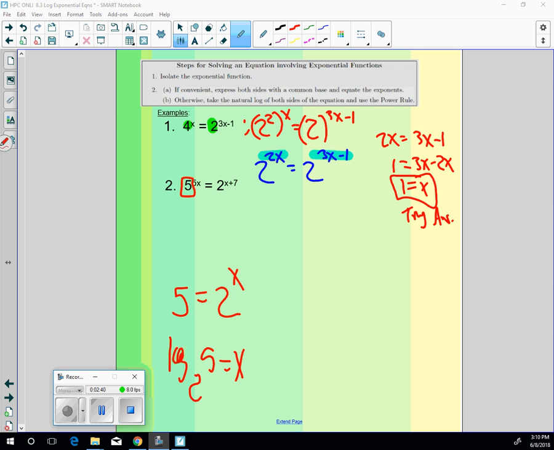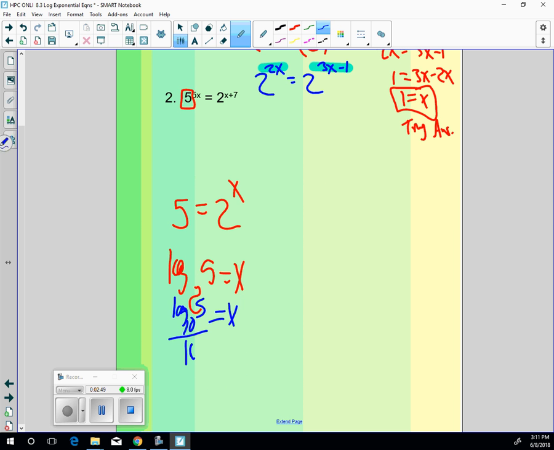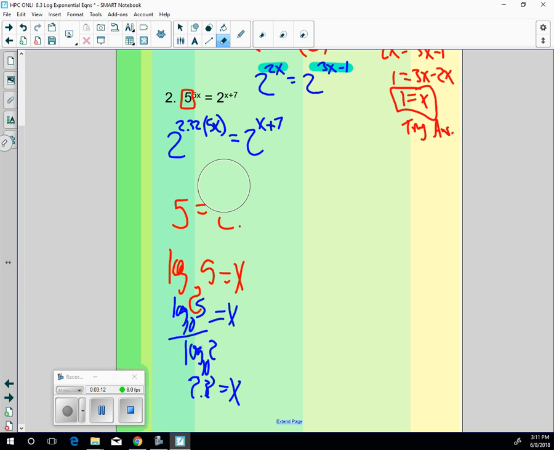I took x and set it equal to the log base 10 of 5 over the log base 10 of 2. I got 2.32. So if you look at 5, 5 is 2 to the 2.32 times 5x equal to 2 to the x plus 7.